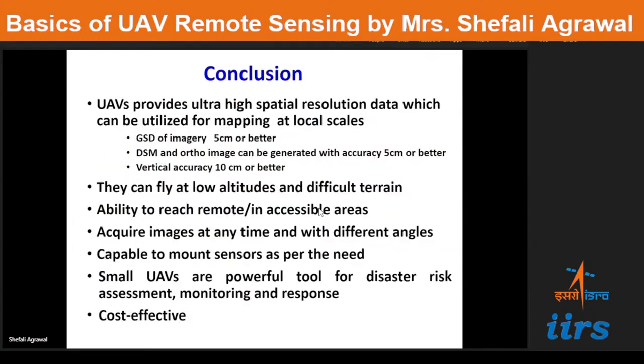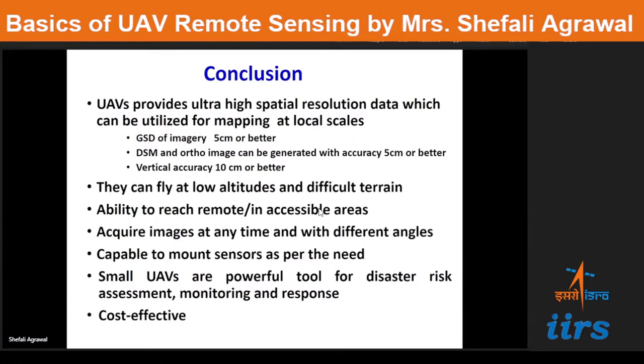So if you conclude, drones provide ultra-high spatial resolution data, which can be effectively utilized for mapping at local scales. You can have 5 centimeter, 1 centimeter level data sets. You can get a digital surface model, ortho images, and digital elevation model with a horizontal accuracy of 5 centimeters or better, and vertical accuracy of 10 centimeters or better.